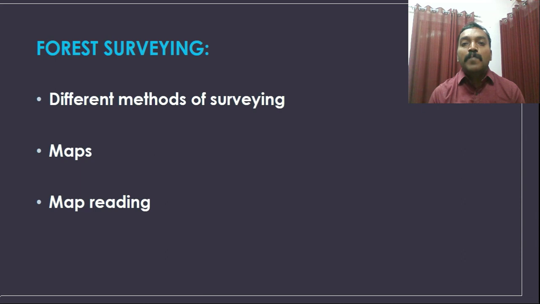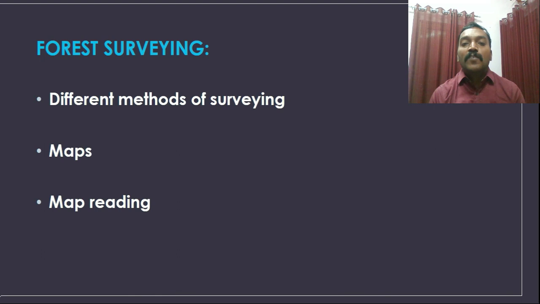Surveying. The first important part of this chapter is forest surveying. Surveying is a very essential step in any sector where land is involved: the agriculture department, the revenue department, and similarly in the forestry sector, surveying plays a very significant role. One important practical application of these surveying principles is the demarcation of forest boundary.